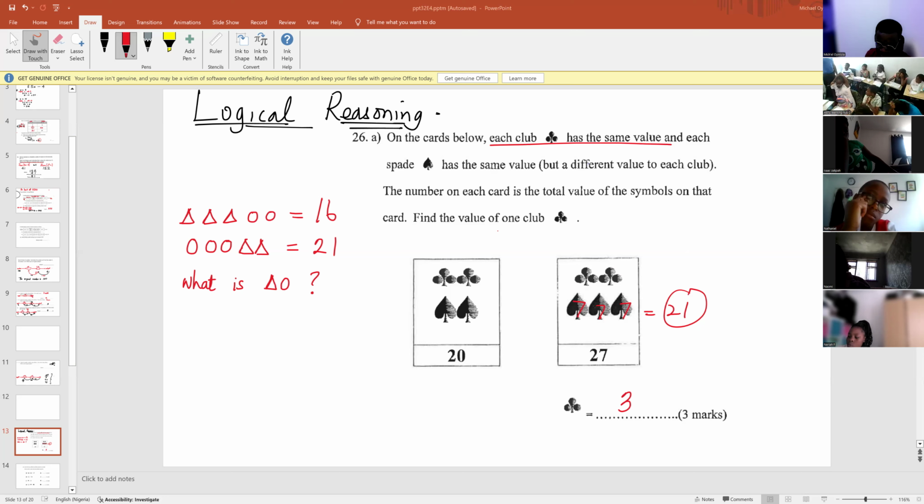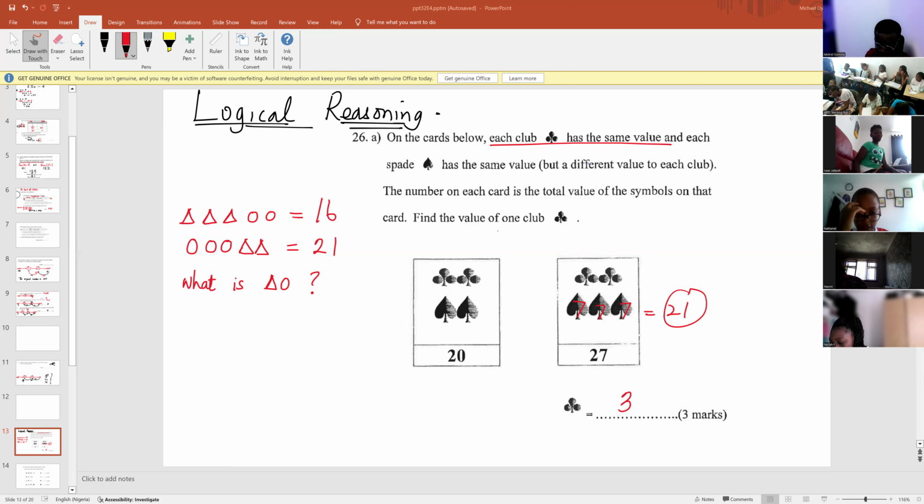Three triangles and two circles is 16. And then 3 circles and 2 triangles is 21. So you put the value of the triangle and the circle together. I don't understand the value of the triangle.